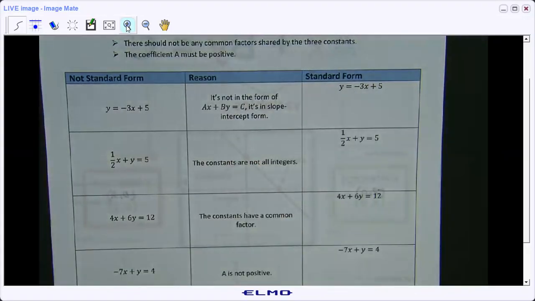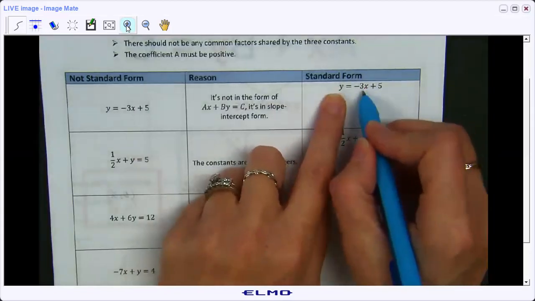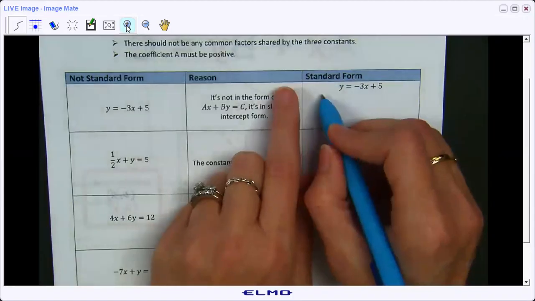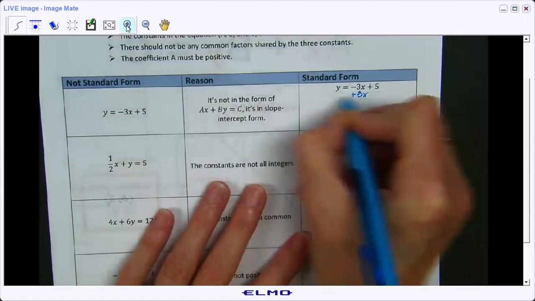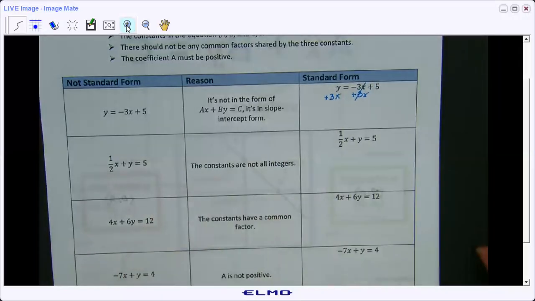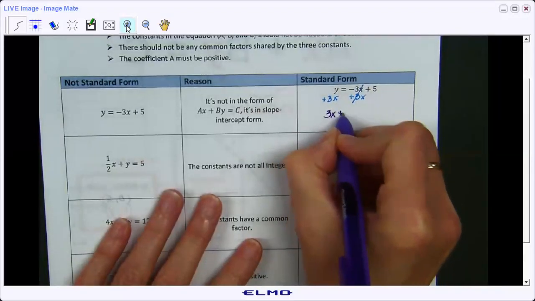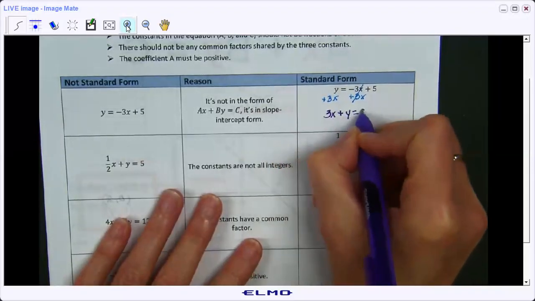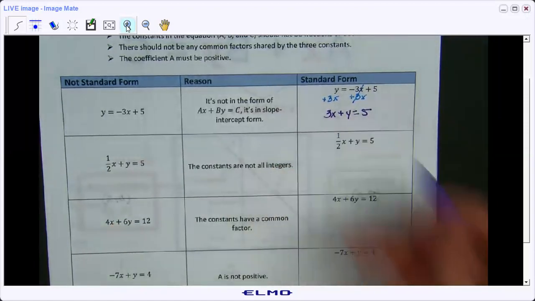That means that both the variable term y, 1y, and the variable term negative 3x must be on the left. So we're going to move the negative 3x over. Okay. And you now have 3x plus y equals 5. And your x variable term comes before your y variable term.